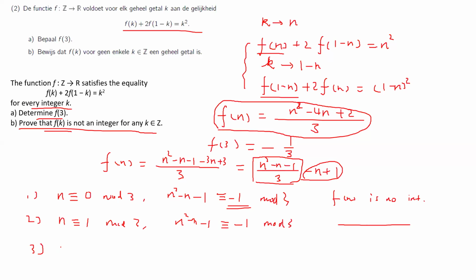The last case, when n is congruent to 2 modulo 3, then n squared minus n minus 1 is congruent to 4 minus 2 minus 1, which is 1 modulo 3. So in this case, f(n) is again not an integer. As concluded, in all 3 cases, f(n) is a fraction. It won't be an integer. So that is the end of this proof.